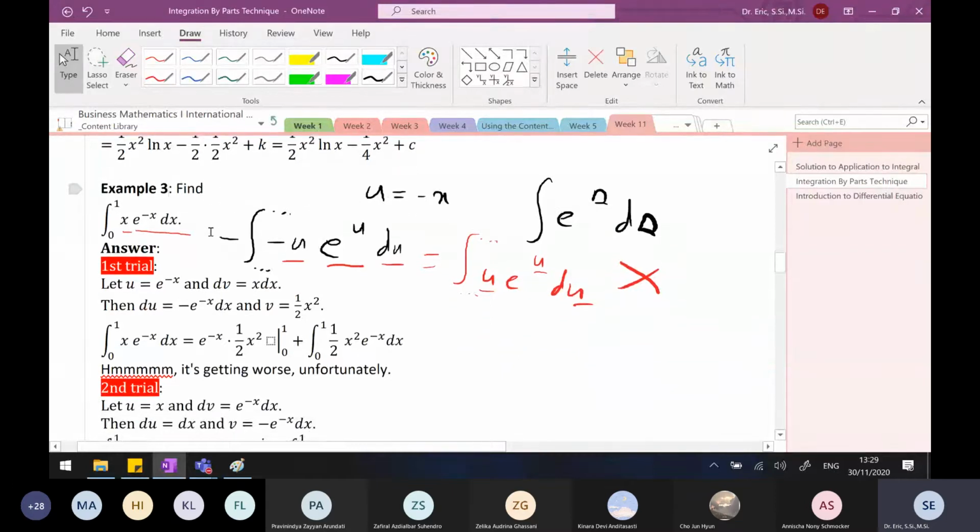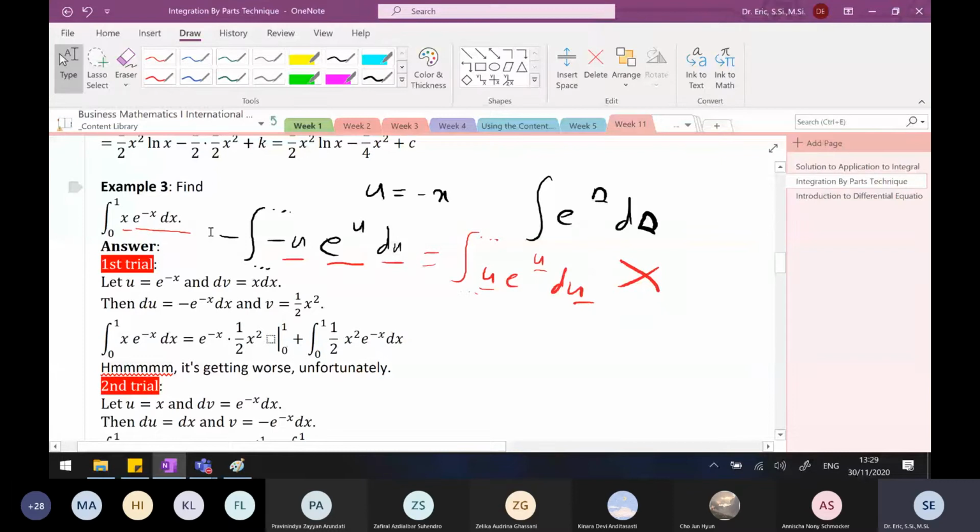Okay, so let's see. How do I choose u and v? Let's first try u as e to the power of minus x. This is u, and the rest is dv, x dx.